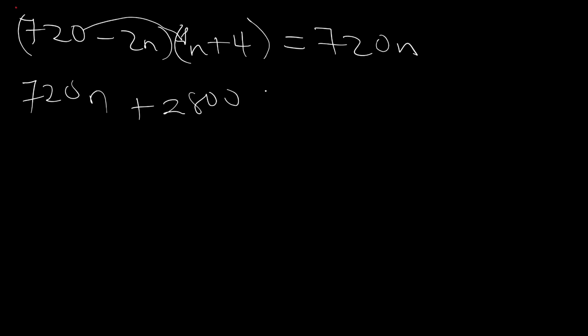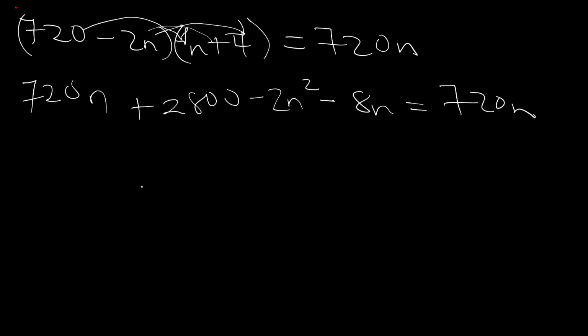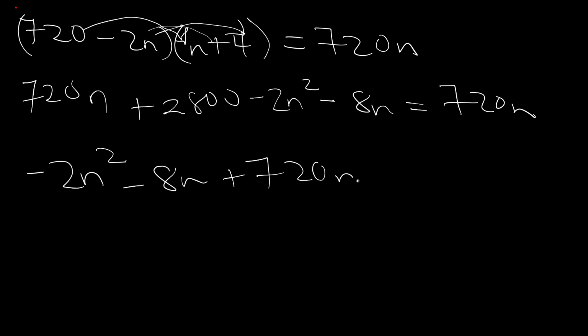Then negative 2N times N, we have negative 2N squared, then negative 2N times 4, we'd have negative 8N is equal to 720N. So we have negative 2N squared minus 8N plus 720N plus 2880 is equal to 720N.